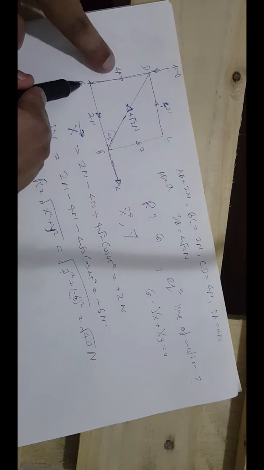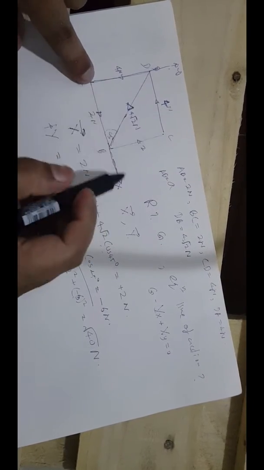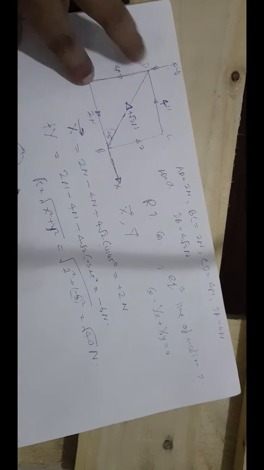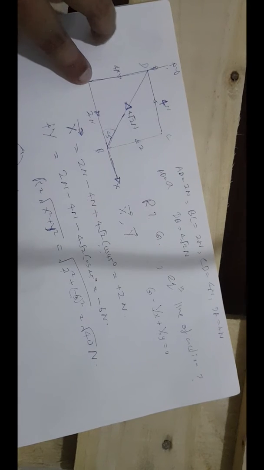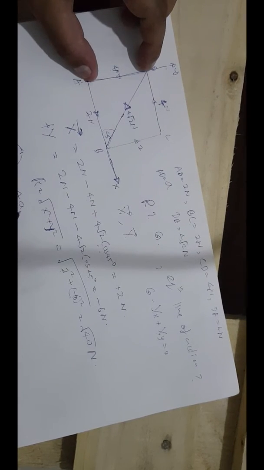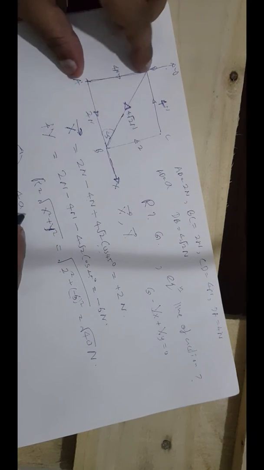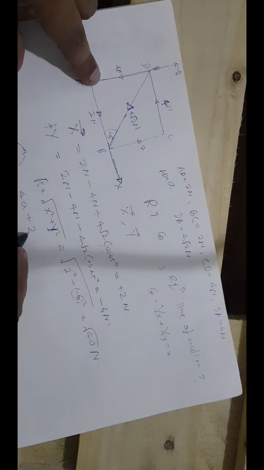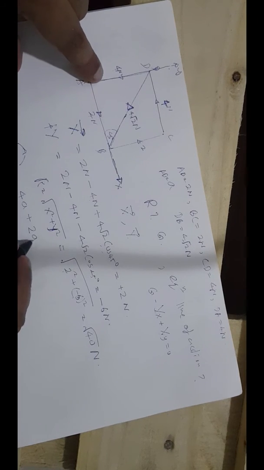The other 4 newtons gives you an anticlockwise moment, so plus 4 into A, because the side length of the square is A, plus again 2 newtons, that gives you 2 into A.